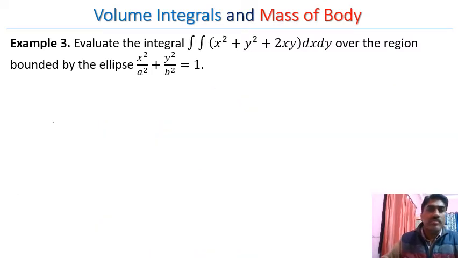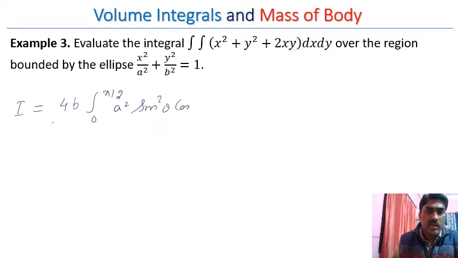So we will write this as I is equal to 4b times the integral from 0 to pi by 2 of a square sine square theta cos theta times a cos theta. I suggest you put in these transformations as your own work, so you will learn how to do this.